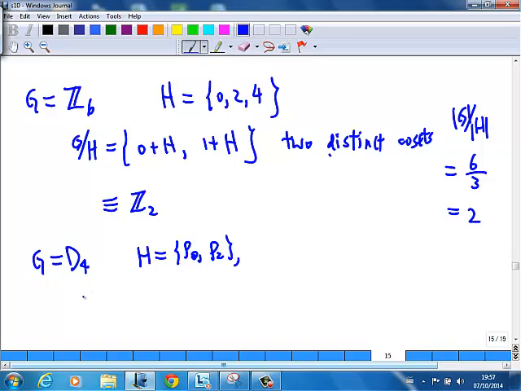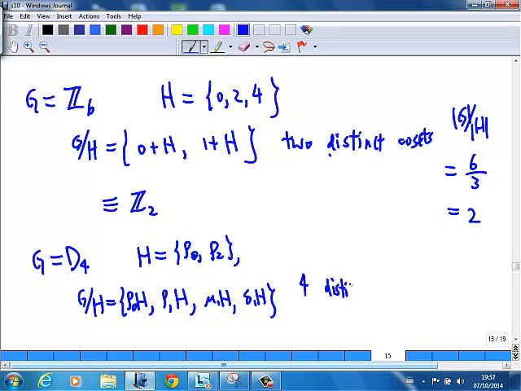The distinct cosets of G over H are: rho 0 H, which is H, then rho 1 H, mu 1 H, delta 1 H. These are 4 distinct cosets. How do we know there are 4 of them? You can use the size of G over the size of H. The size of G is 8, altogether 4 rotations and 4 reflections. The size of H is 2, and that's why I get 4.